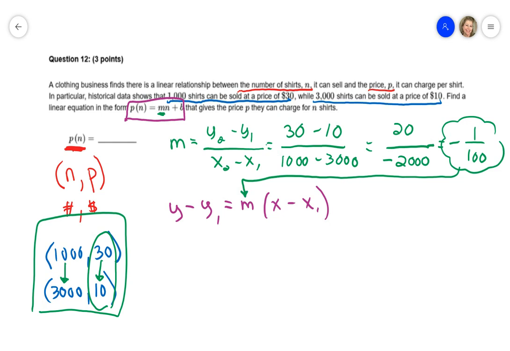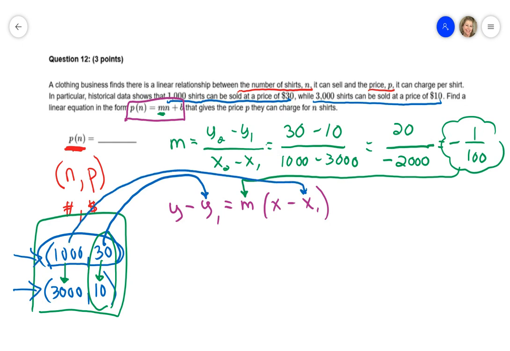And then just pick either the first point or the second point. Either one will work. If I grab the first point, which is 1,000 and 30, the y coordinate is 30. That'll go here. And the x coordinate, which is 1,000, will go here.